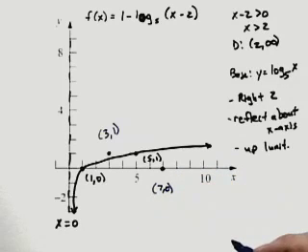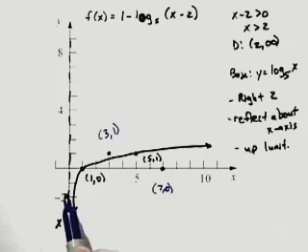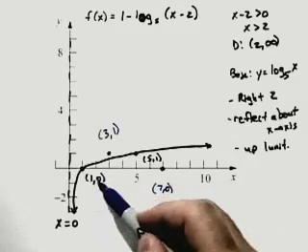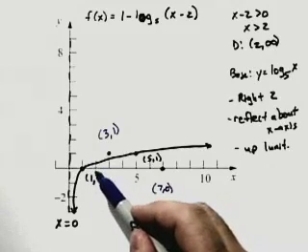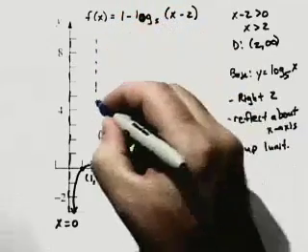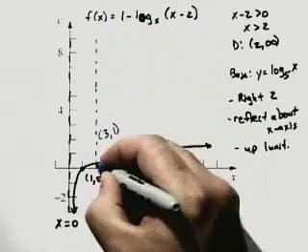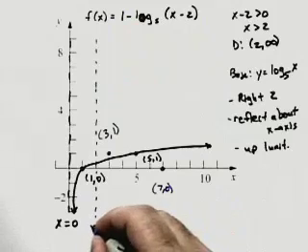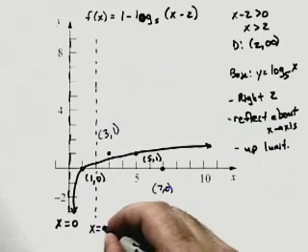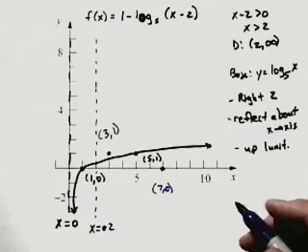So we have the point 7, 0. We had a vertical asymptote of x equal to 0. If we go right 2 units, we're at x equal to 2. Reflecting about the x-axis doesn't affect the vertical asymptote. Neither does shifting up 1 unit. So for our function, we have a vertical asymptote, x equal to positive 2.